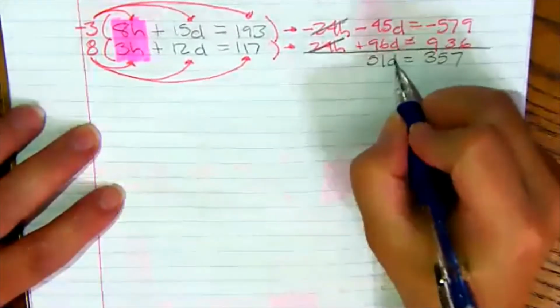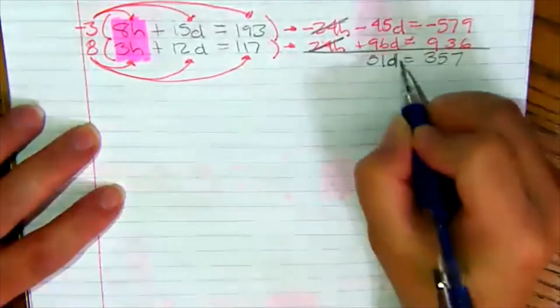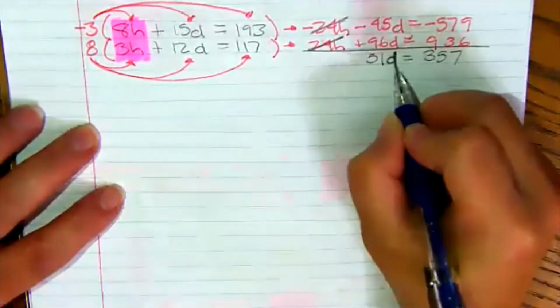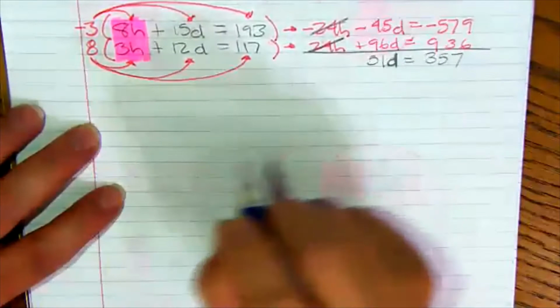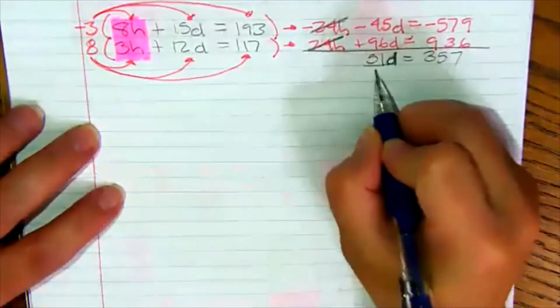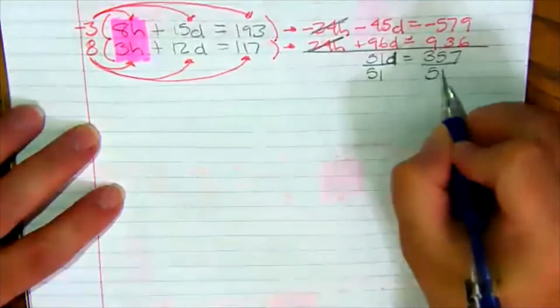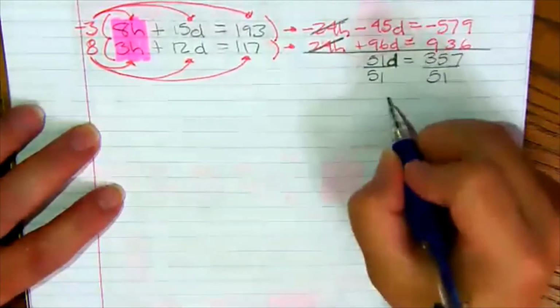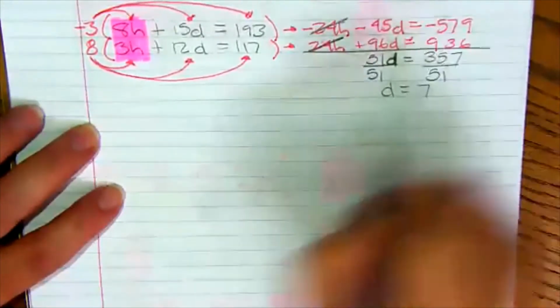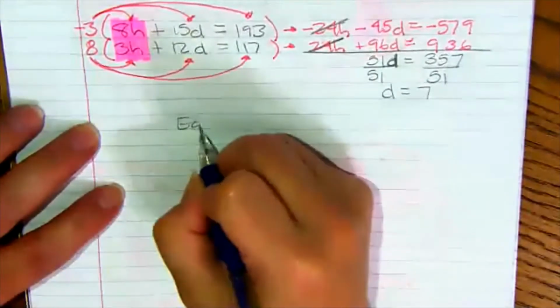I want to know how much each daylily costs. So I need to isolate my variable, isolate the D. I'm going to divide this side by 51. And what I do to one side, I must do to the other. D equals $7.